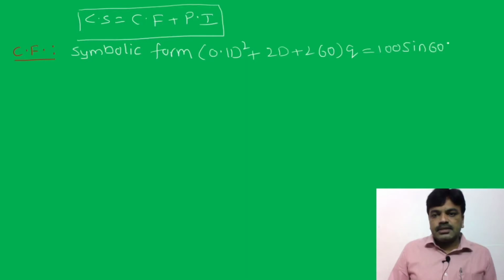This is the symbolic form. Here D is d by dt.